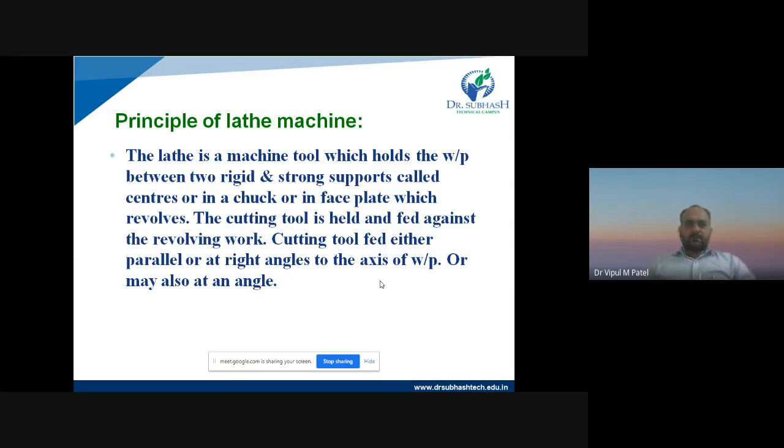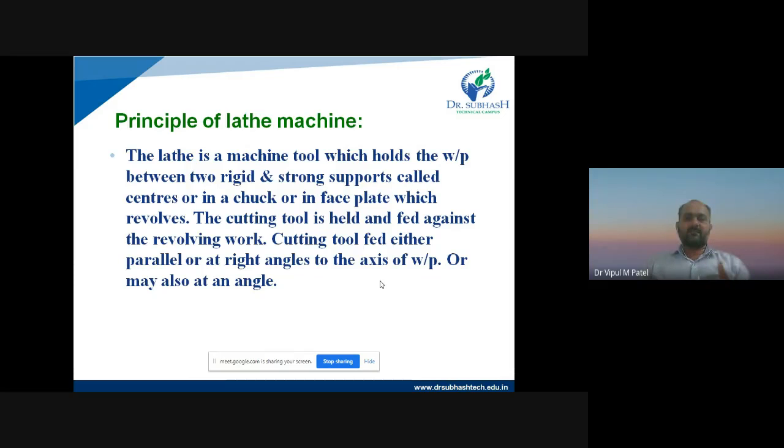With the use of that, we can revolve the workpiece.